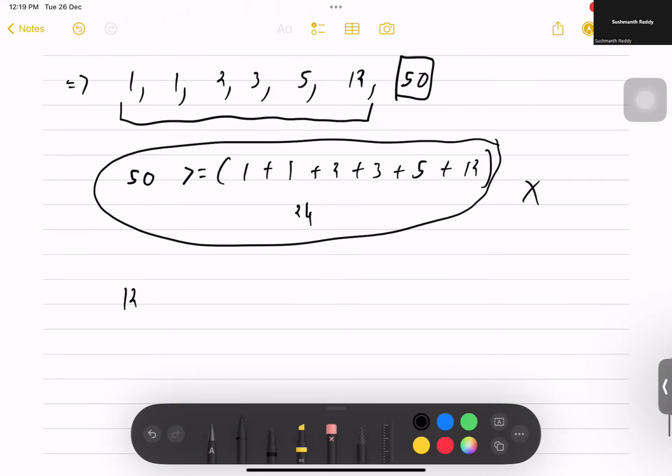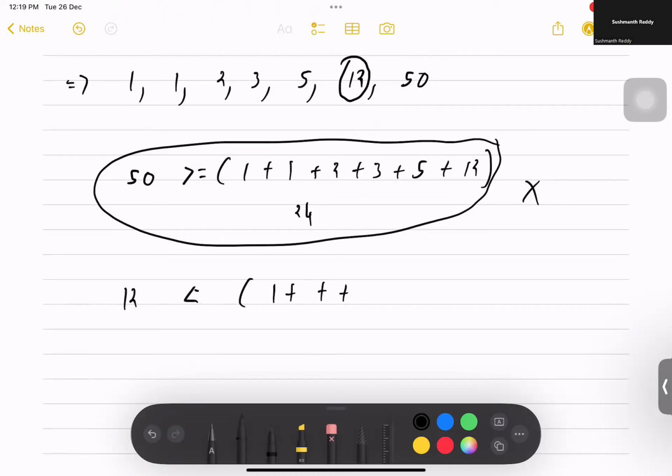Now, if I consider 12, now 50 is done. Now let's see if 12 can be the largest line segment of any polygon. So if we look over, 12 is lesser than 2 plus 3 plus 5.